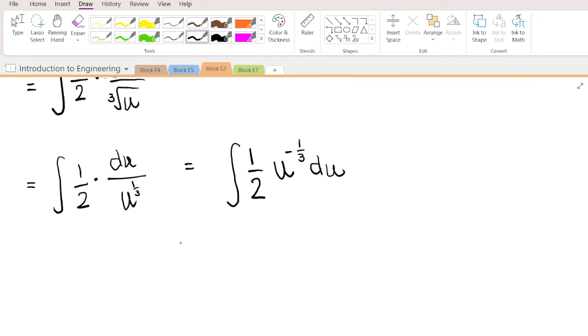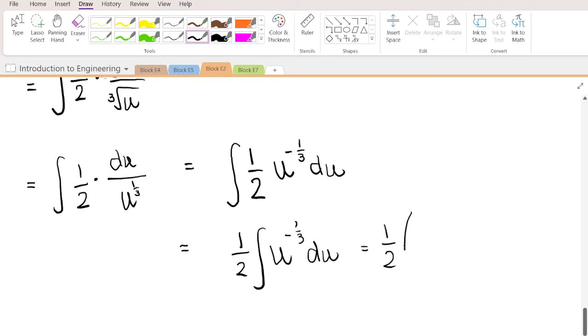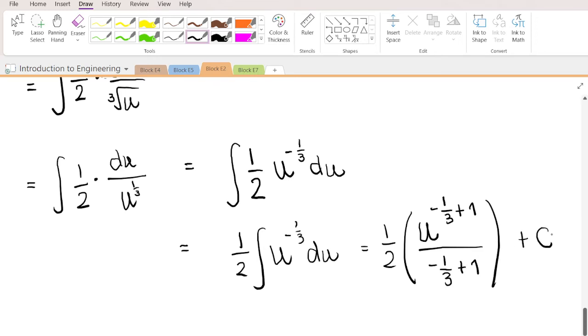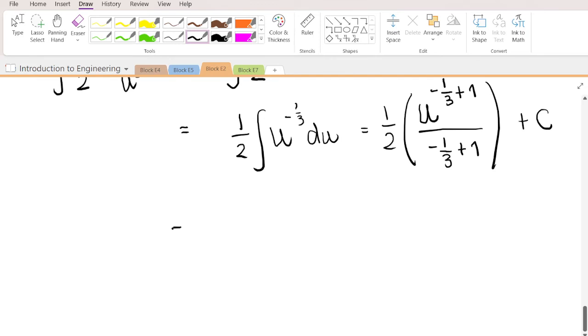Okay, you apply the power rule. You bring out the 1/2, integral of u to the power of negative 1/3 du. So this becomes 1/2 u to the power of negative 1/3 plus 1. Oh, this is a little bit tricky, so I'll just write it here. Even me, I get a little bit confused with the adding of fractions, so you have to be careful.